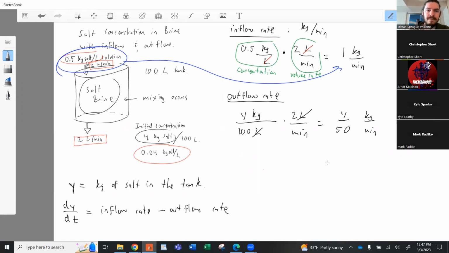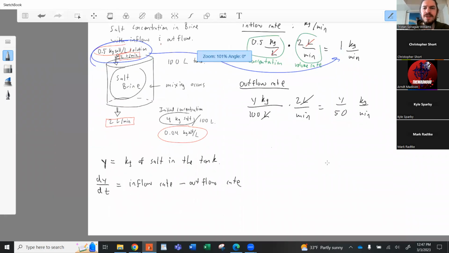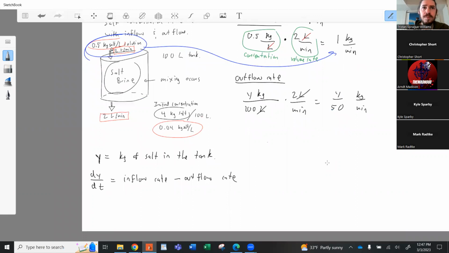So the outflow rate of salt depends on the amount of salt which is currently in the tank. So we end up with this differential equation of 1 minus y over 50 being equal to dy over dt, right? The rate of change does depend in part on the current value of the function.